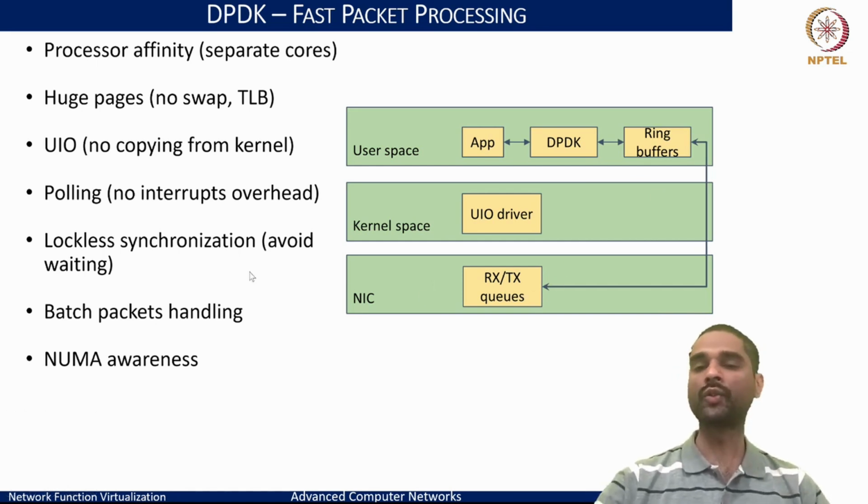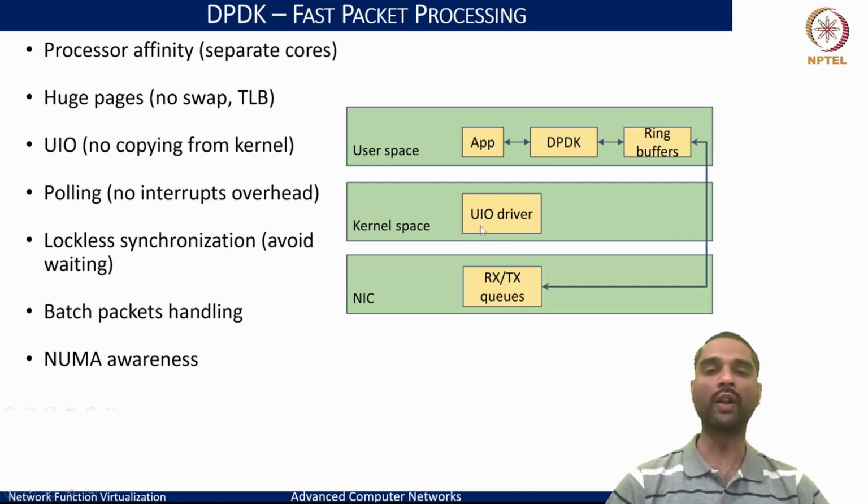But this requires some updates in the kernel space, and that's the essence of the user space IO driver, which changes the mode of operation of the NIC, which earlier used to deliver an interrupt and pass the packets to the kernel space, to now have no interrupts, but copy the packets onto the ring buffers where the user space buffers are shared. And this model became very popular, and we use it excessively in network function frameworks.